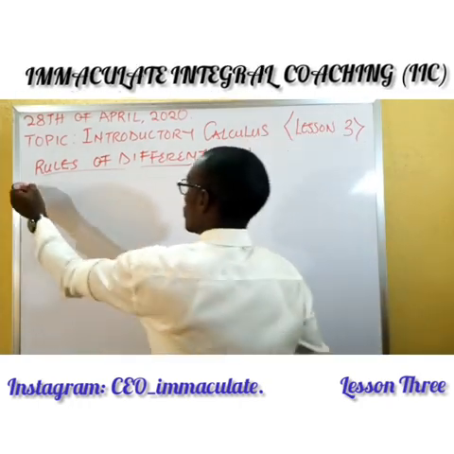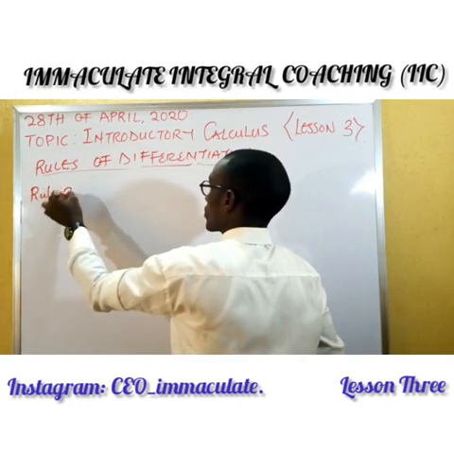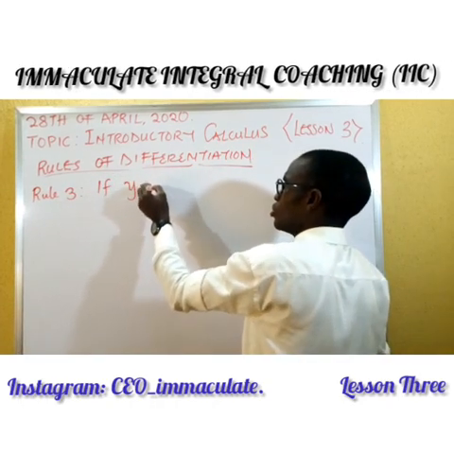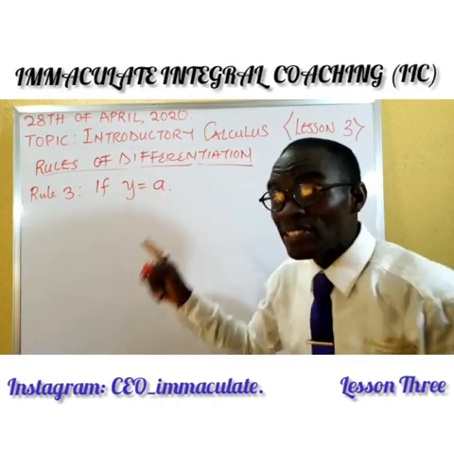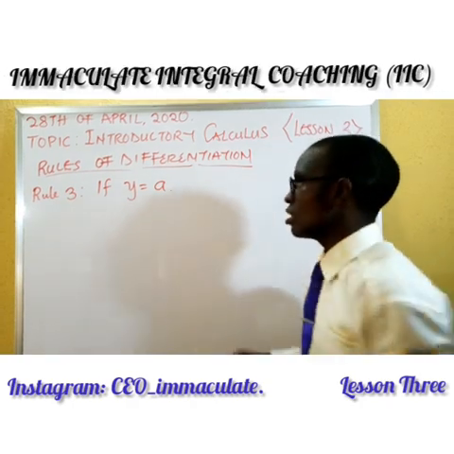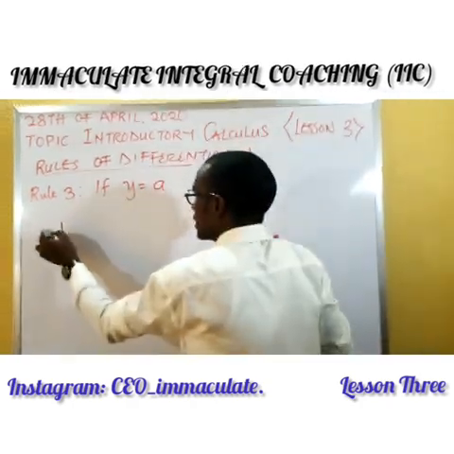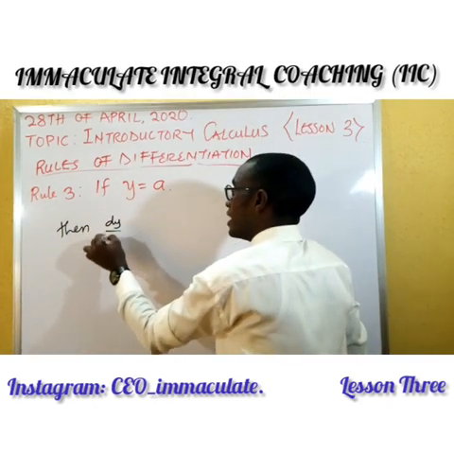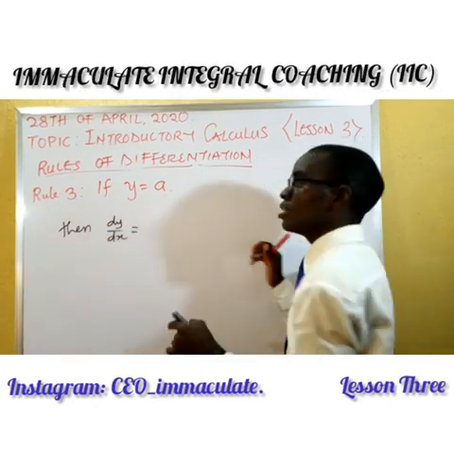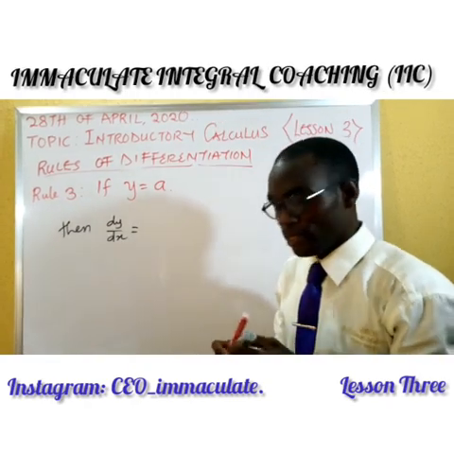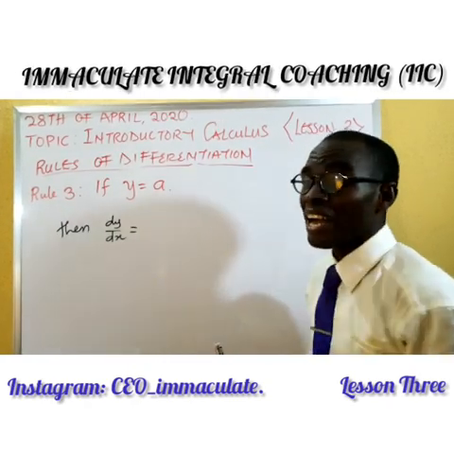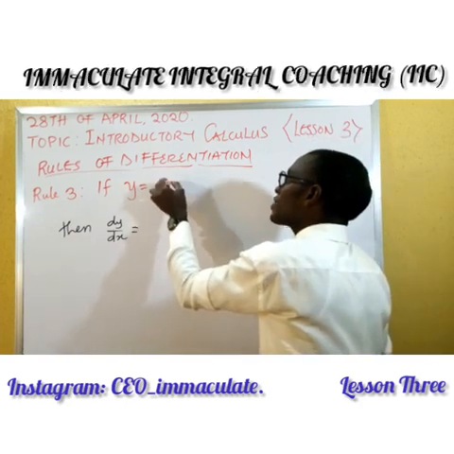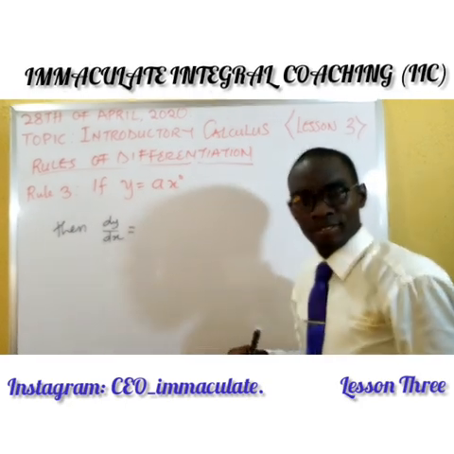So let's move to rule 3. If y equals a, where a is a constant, then using first principle, dy/dx equals, let me try and analyze this. This a is having x, but the x is to the power 0.